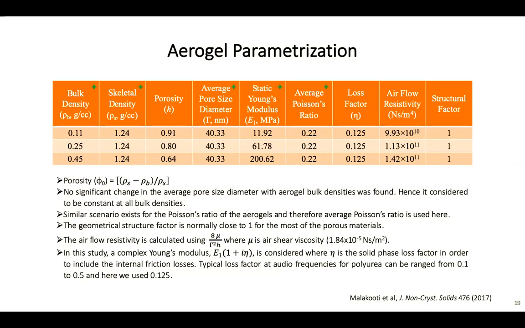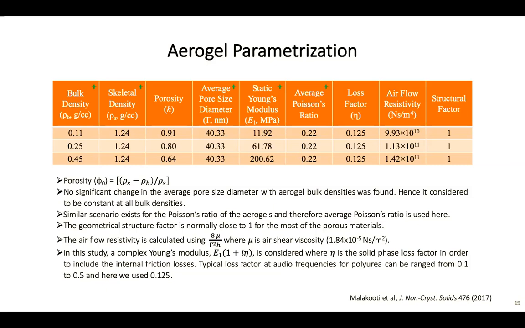Static Young's modulus can be obtained using a quasi-static compression test. The loss factor we adopted from the literature. We didn't measure it specifically, and the same for airflow resistivity for that air structure. Those are estimated using some empirical formula based on air shear viscosity.